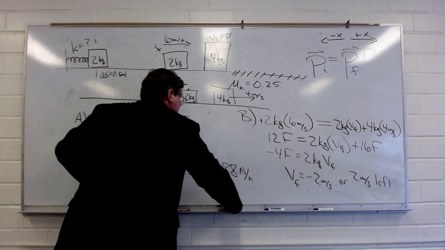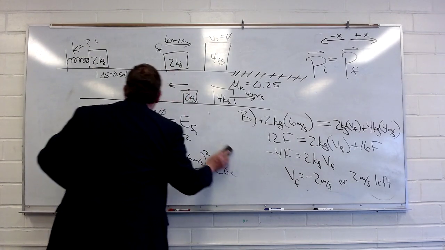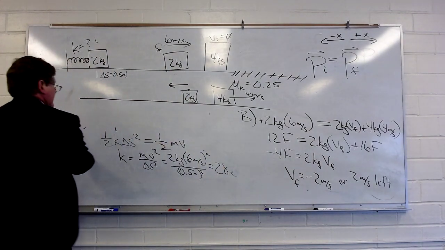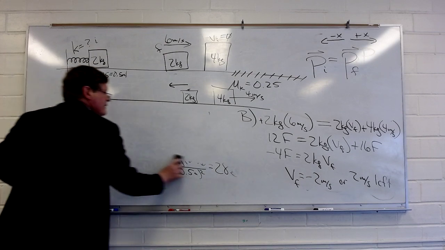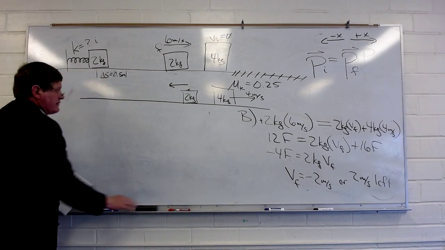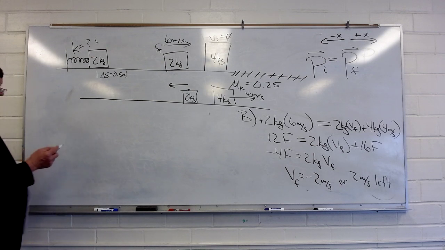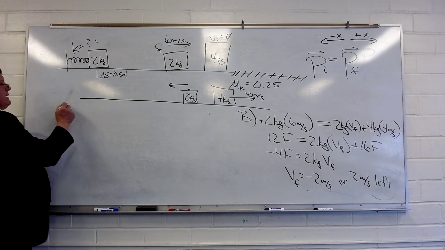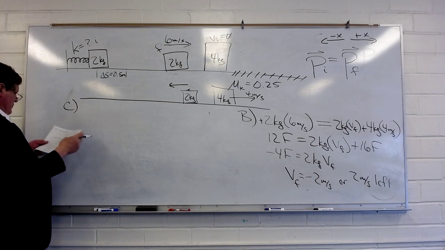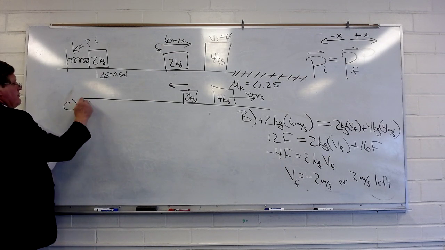Now I'm going to erase part A here to get some more real estate. I don't know what's going to happen when I have to move these little exercises to my front room where I don't have a big whiteboard. Part C asks us for the kinetic energy before the collision.